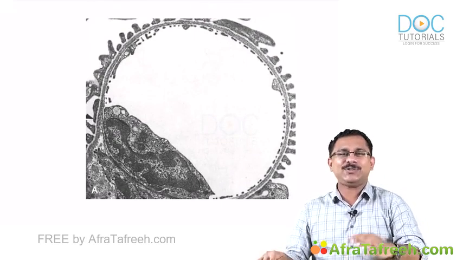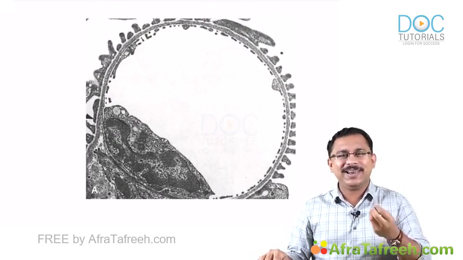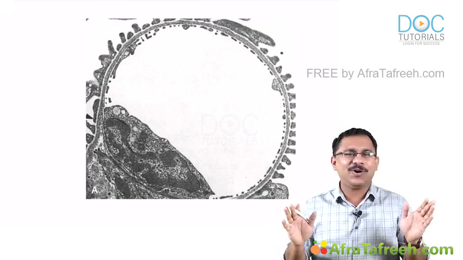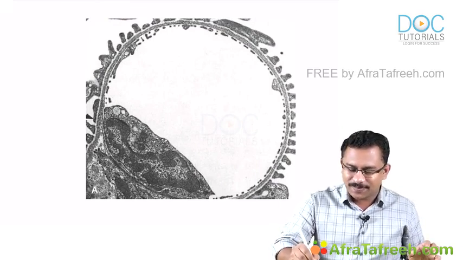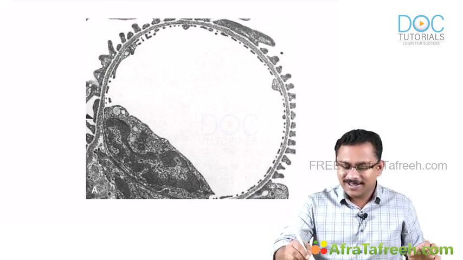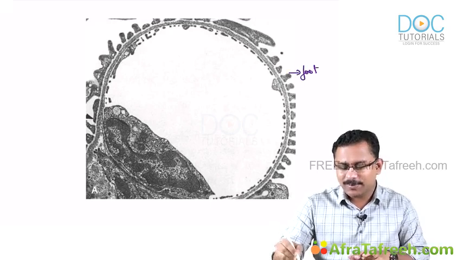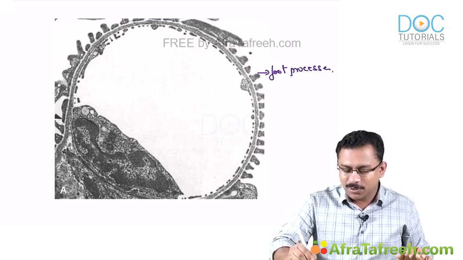Now just to have an electron microscopic view as well, because in various disorders that we are going to learn, I will be showing you the electron microscopic appearance as well. I am sure by now, even without me telling you anything, you will be able to identify what is what. You are able to identify the foot processes of the podocytes. You are able to identify the glomerular basement membrane.